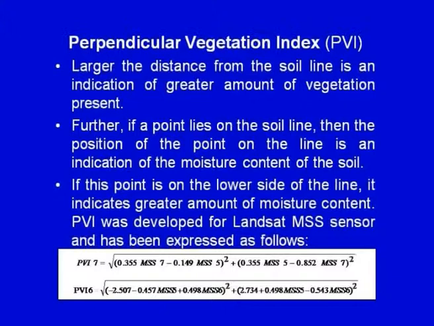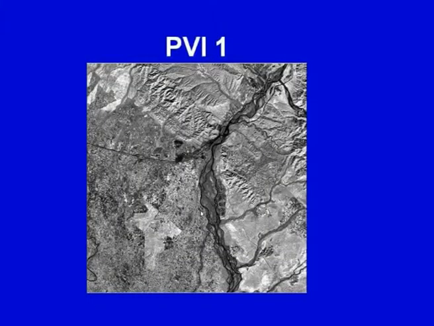So, two indices have been proposed, and now let us look at the two images which can be derived from these two relationships. In PVI 1, which is nothing but PVI 7, the information shown is very similar to what we have seen in SARVI. The information here is very unique, such that the soil background has been very uniquely masked out from the data sets.